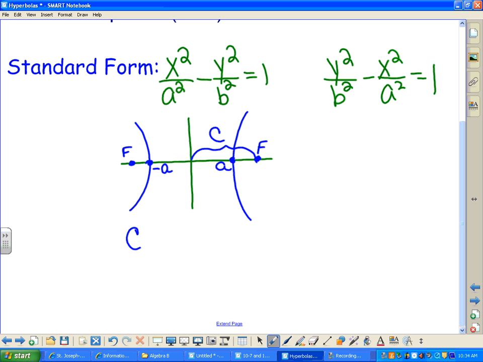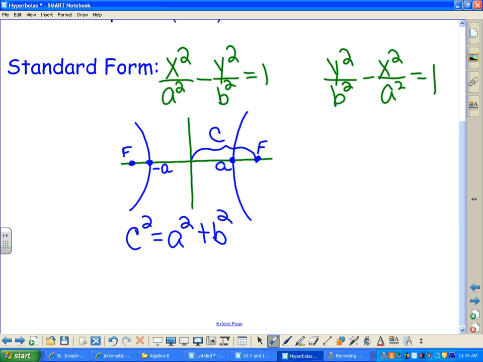So it doesn't matter what order they come in. It's A squared plus B squared this time. The way I remember it is like this. If it's subtraction here, then in my C squared equation, it's addition. Remember with the ellipse, it was addition here, and in my C squared equation, it was subtraction. Does that make sense? Yeah?